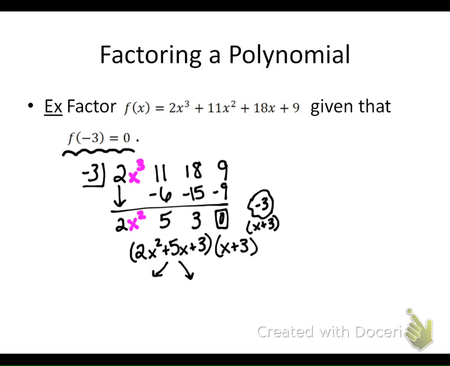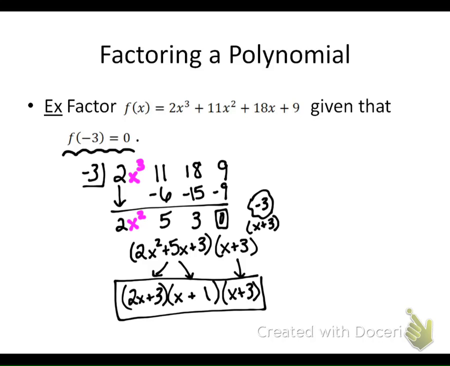I can still split up that quotient of 2x squared plus 5x plus 3 using any quadratic strategy to factor. This breaks down to 2x plus 3, x plus 1, and x plus 3.